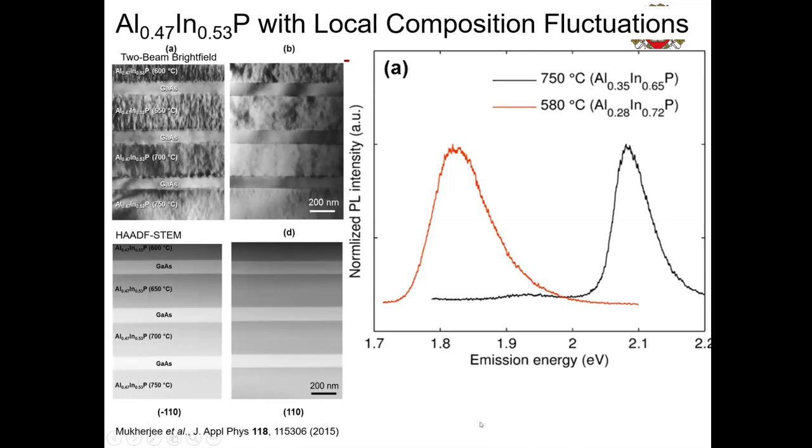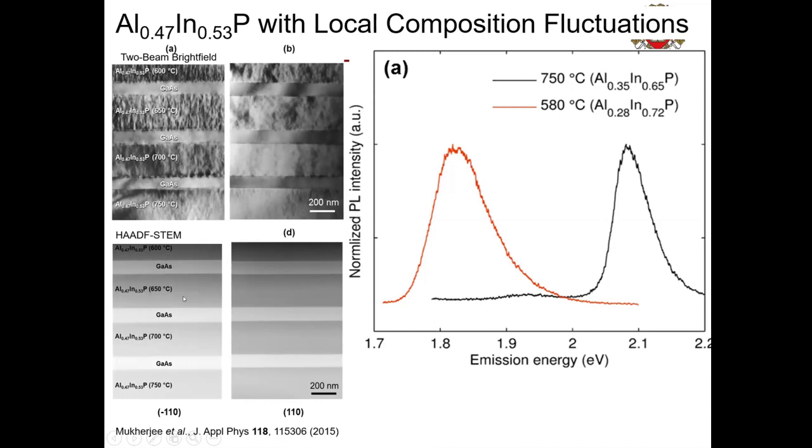And what was noted was that depending on growth temperature, the luminescence that this material gave off corresponded to very different compositions than the one it was intended to be grown with. Now, TEM imaging of the layers showed a sort of mottling within the aluminum indium phosphide, which could be composition or could be phase, since TEM images both.